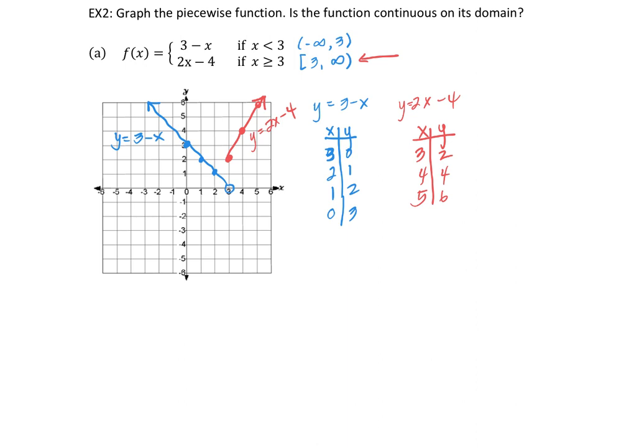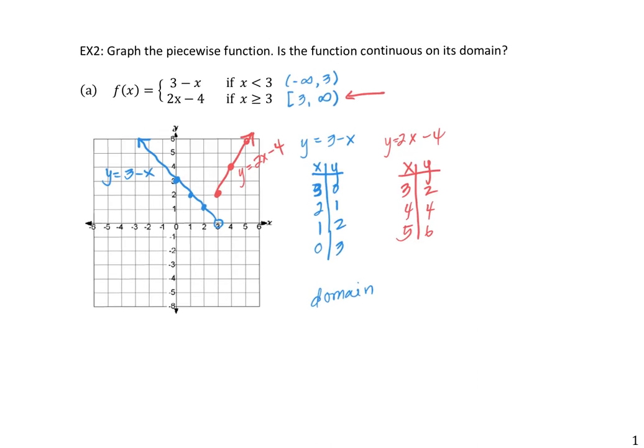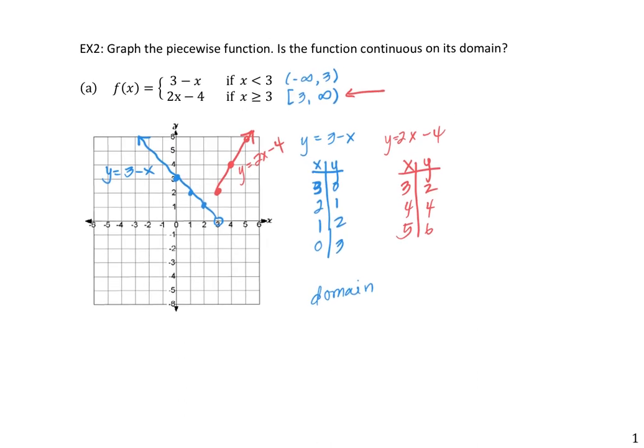So is this continuous on its domain? Well, first of all, what is its domain? Again, you can go ahead and look at the intervals. So I would be looking at these intervals here, or you could look at the graph. If I look at the intervals, my interval starts at negative infinity, and then I get all the x values to 3, but it doesn't include 3 because of the parenthesis.